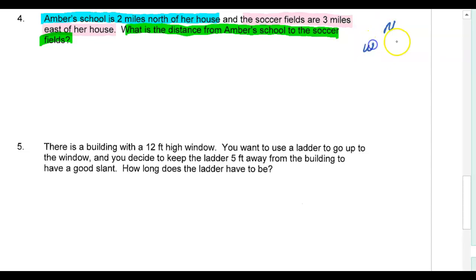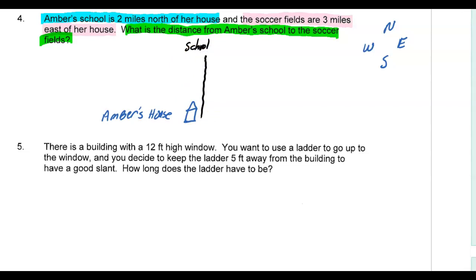You've got north, west, east, and south. So here's Amber's house. I'll draw a little house. The school is 2 miles north. So here's the school. So I'll draw a little line there.